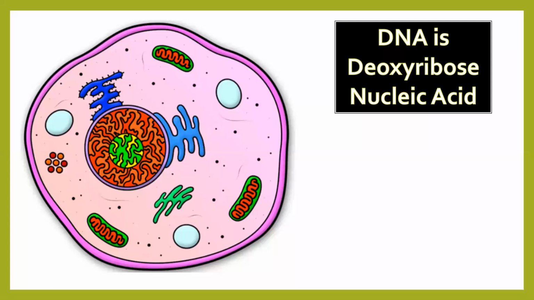So, can I say inside the nucleus of a cell there is presence of nucleic acids? Correct? Now, there are basically two types of nucleic acids. It could be either deoxyribose nucleic acid, that is DNA, or ribose nucleic acid, which is also called RNA. For now, we need to only focus on DNA.